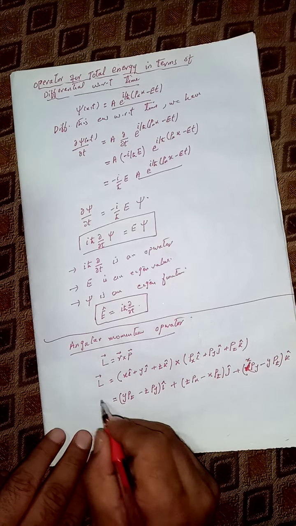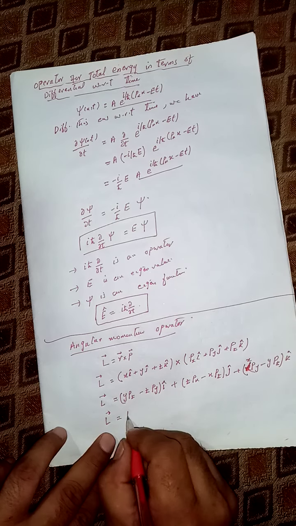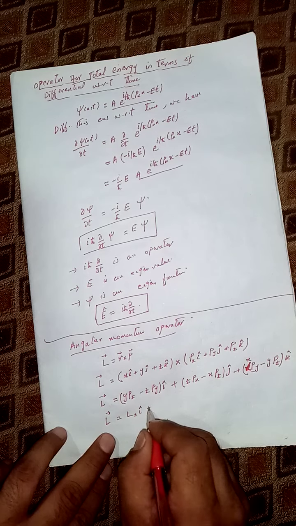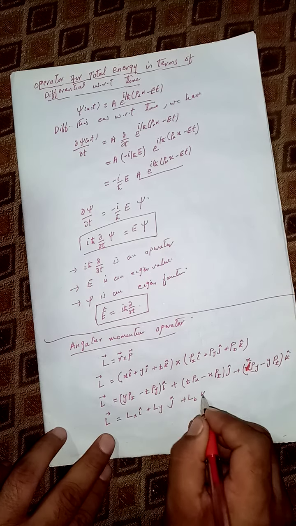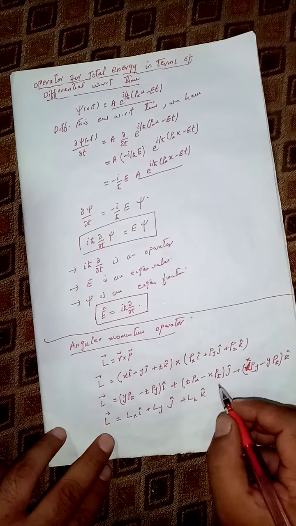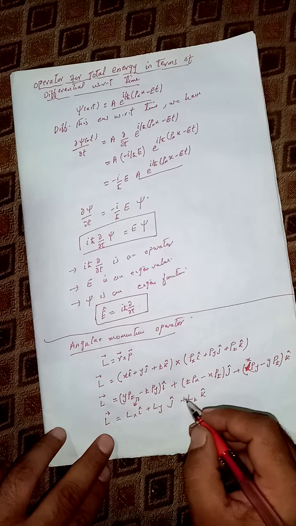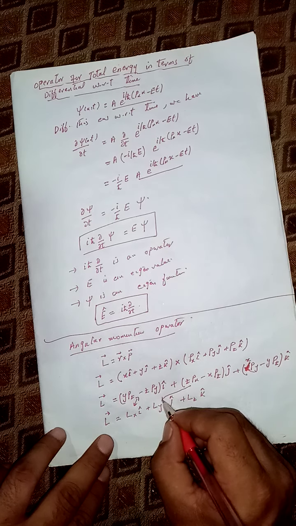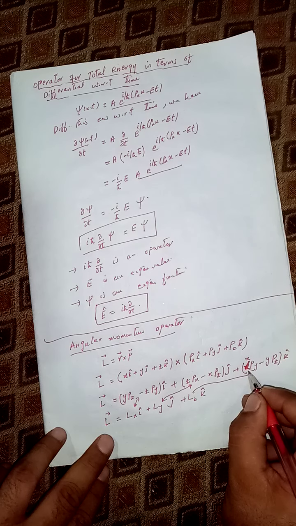Also we can write angular momentum in its components as Lx i plus Ly j plus Lz k. If we compare these two equations, this represents the x component of angular momentum, this represents the y component, and this represents the z component.